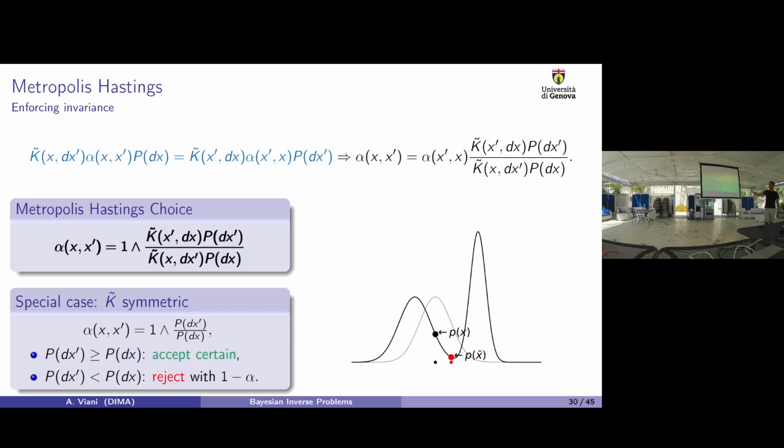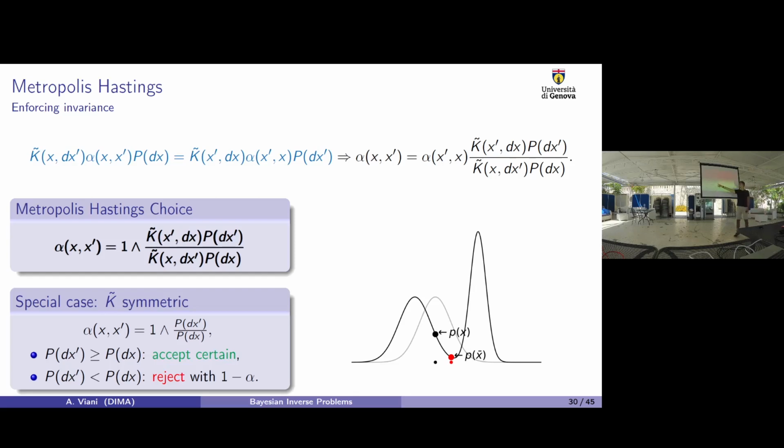The choice of alpha makes the definition of K useless as far as invariance is concerned. If we reach P and we use that alpha, whatever K tilde is, then it's K. When I reach P, I don't move anymore.